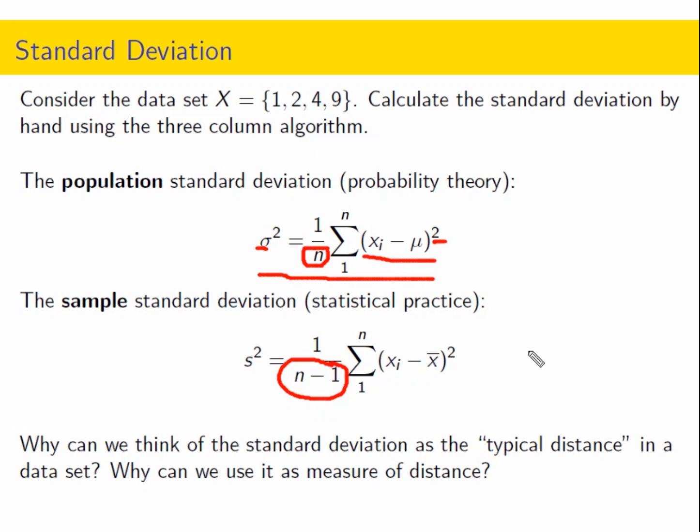Now, it's beyond the scope of this course to talk about biased and unbiased estimators, but it turns out that especially for small sample sizes, this standard deviation actually underestimates. It's a biased estimator, and it turns out to be too small. So when we calculate the sample standard deviation, we will get a different number. As a matter of fact, the sample standard deviation here is about 3.5.